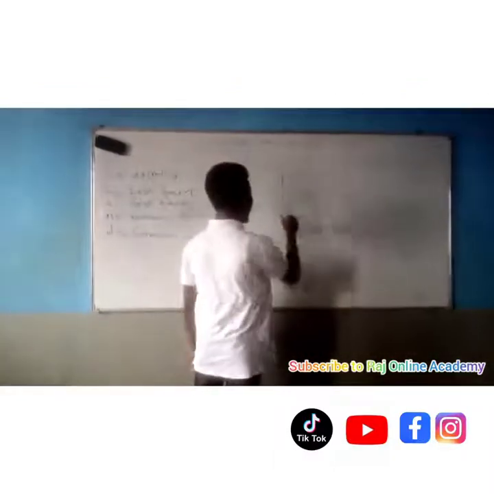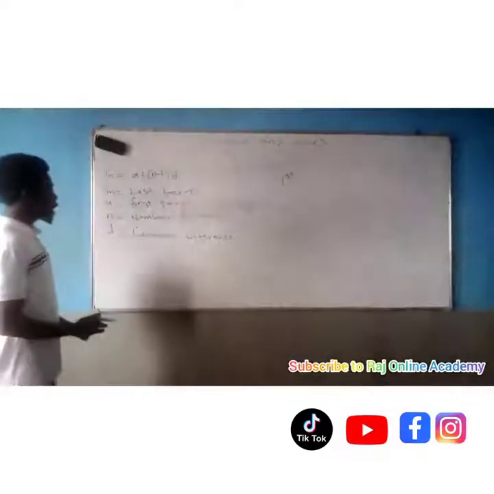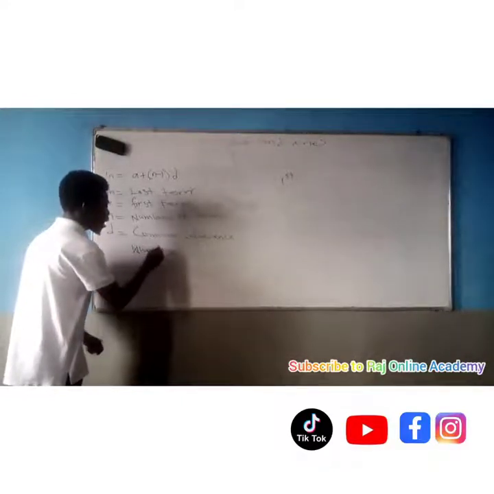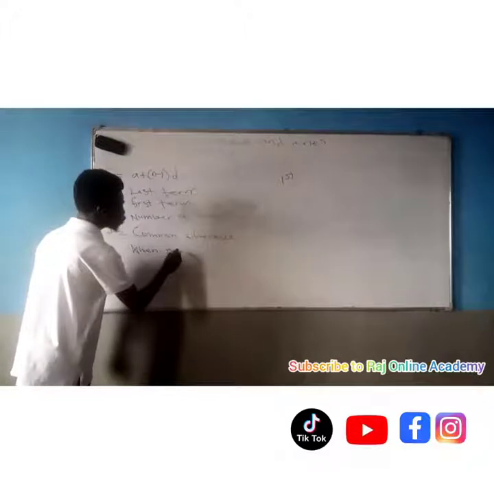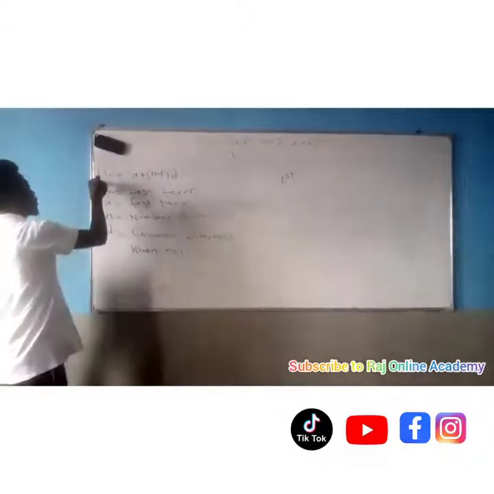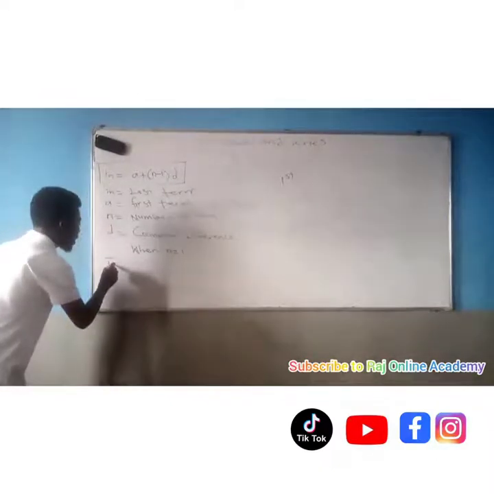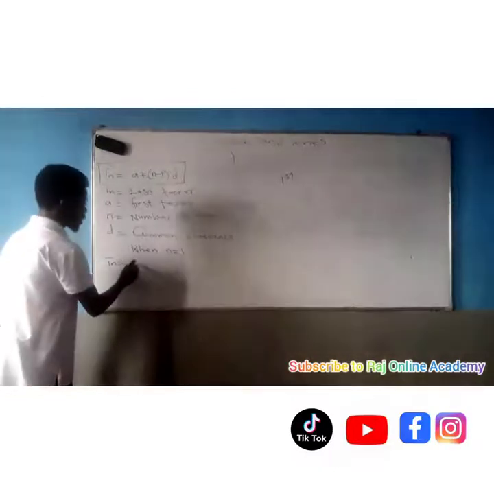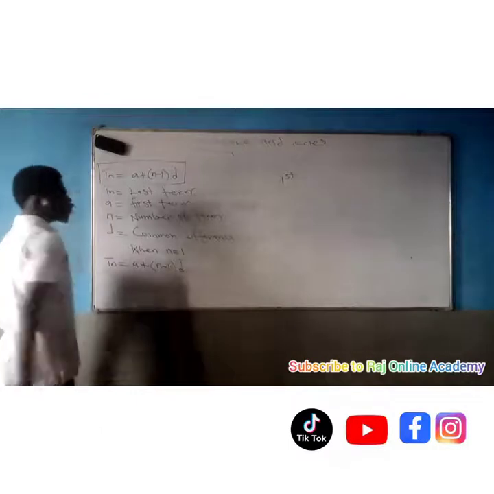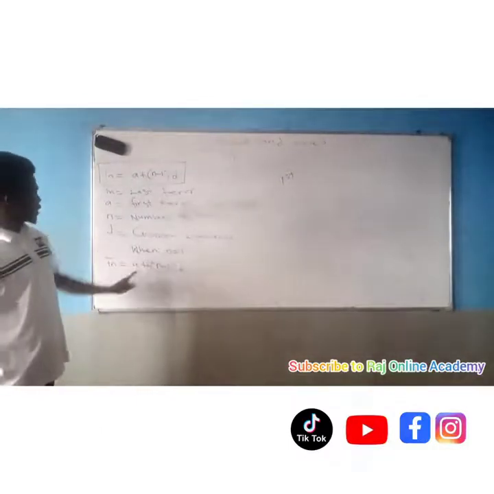The first term is term 1, right? So suppose n is equal to 1. Let's use this formula, Tn is equal to A plus in bracket n minus 1 times d. According to the formula, when n is equal to 1, where we see n, what do we do?